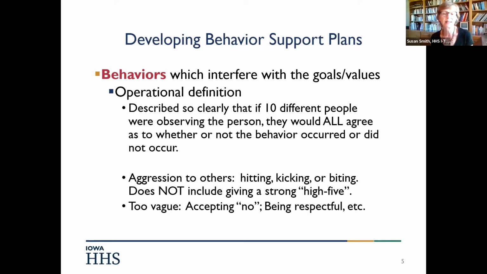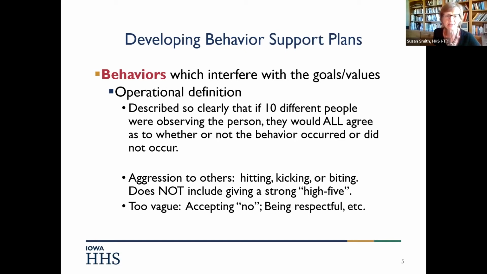And sometimes it's very valuable to put what the behavior does not include, especially if it's something that could be confusing. So in this example, it does not include a strong high five. Maybe this person has a history of giving that high five so hard that some people are misinterpreting that and counting that as aggression. They have completely different functions, they happen in different contexts, so you want to separate that out.